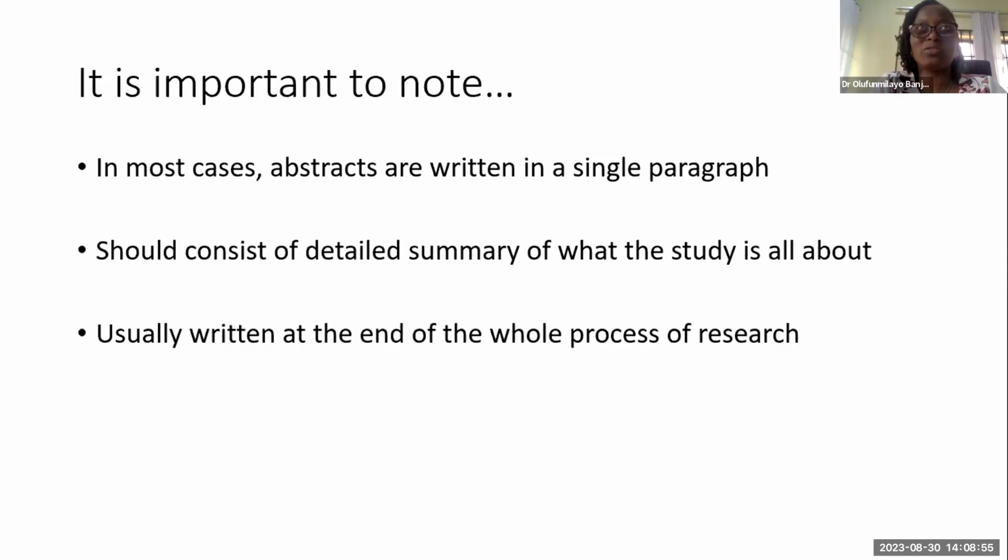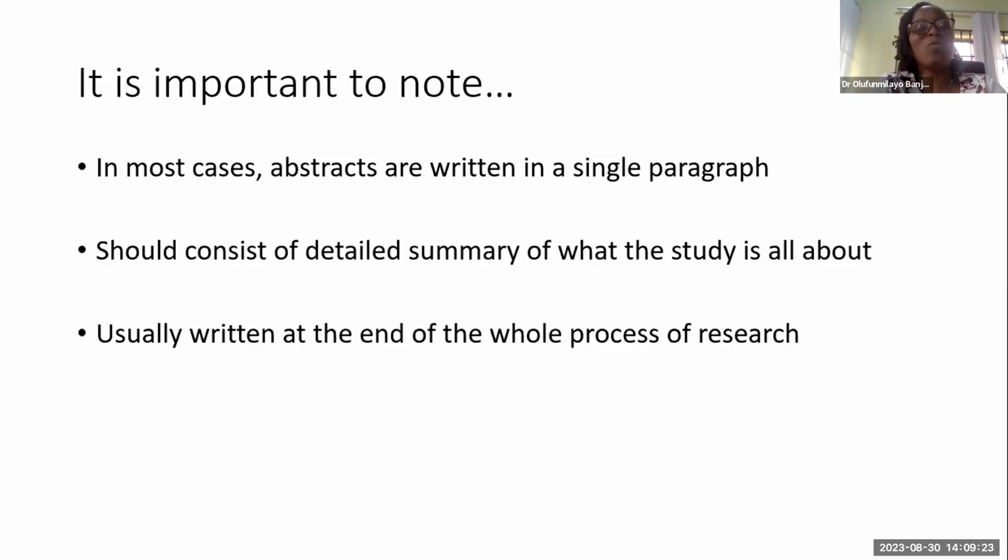Sometimes you write an abstract, you just have to continue to cut until you get the required number of words. It is an art that we have to learn. Dr. Kunuji, I remember he said that you just have to continue to train yourself. You learn over and over and over again.